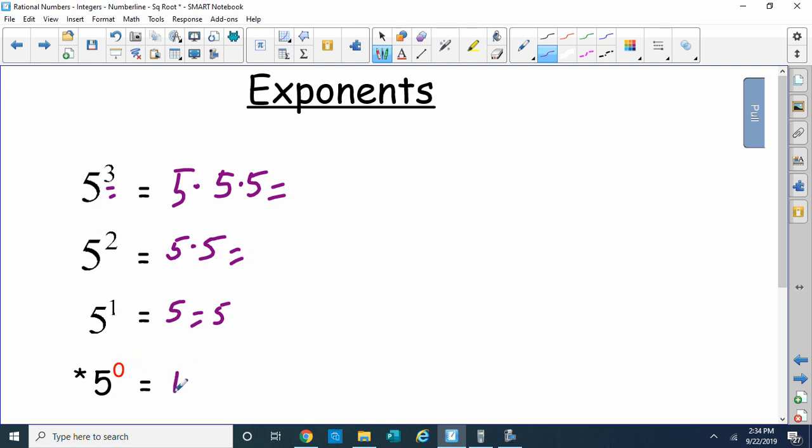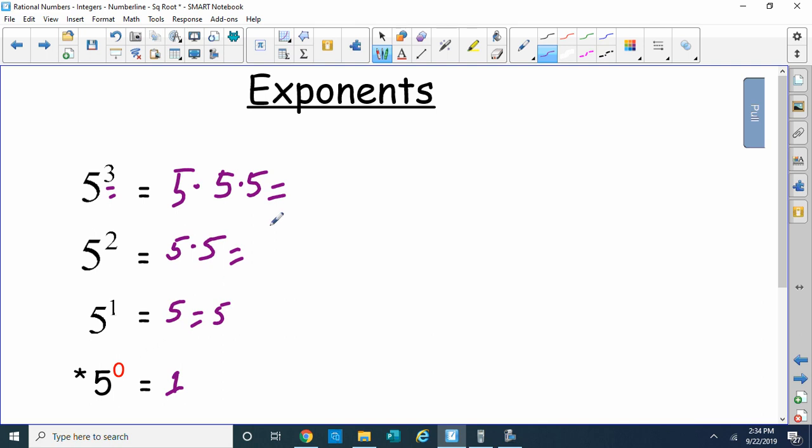So I'm going to put the placeholder 1. So that lets me know that there would be a place value for that 5 to the 0 exponent. The definition of the 0 exponent, and I know it's not a 7th grade term, is that any number or letter raised to the 0 power is equal to the value of 1.